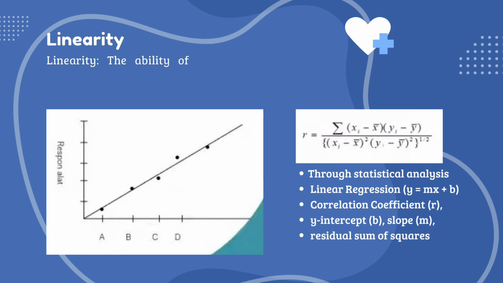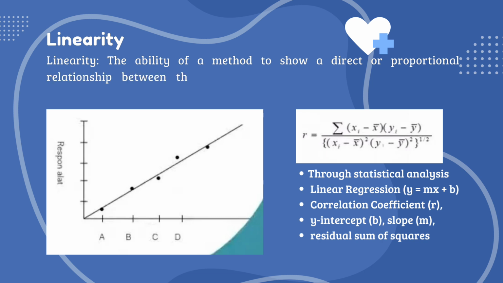Linearity. Linearity is the ability of a method to show a direct or proportional relationship between the detector response and changes in analyte concentration. This is often done to observe linearity, where the x-axis is concentration and the y-axis is the instrument's response. If, for example, using UV-Vis spectrophotometry, the instrument response would be absorbance.